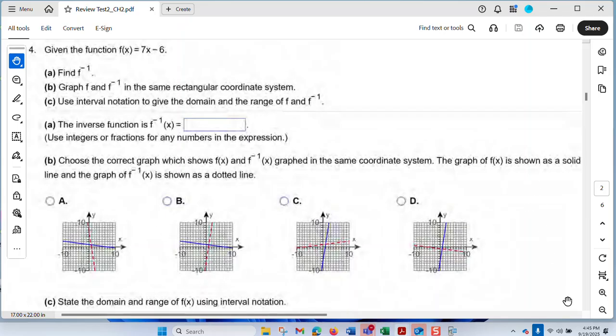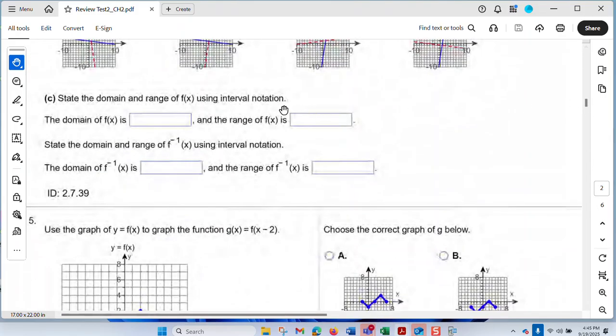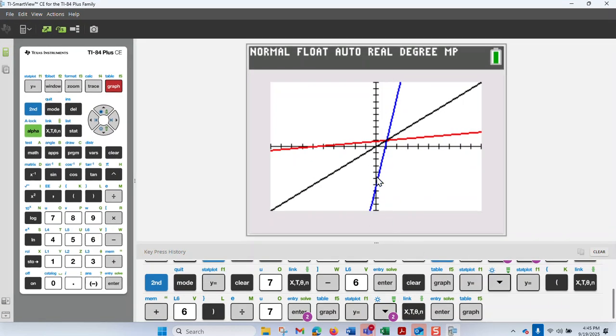The second one here is the letter C. We already found it, right? C here is state the domain and range for f of x using interval notation. And we also need to find the domain and range for the inverse. Since this one right here, the blue one, x is all real numbers, and this is a straight line, right?